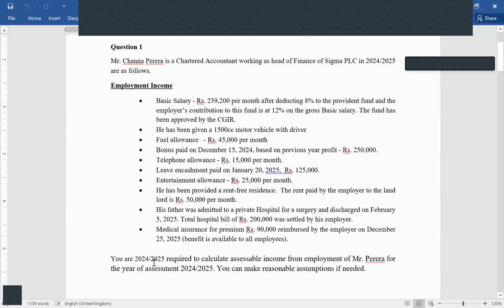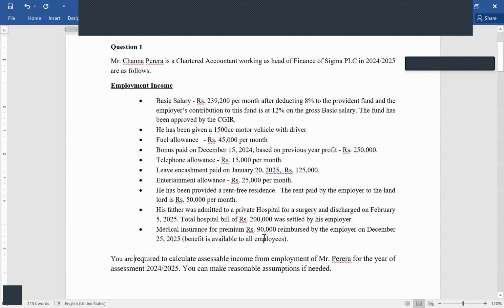It is given at the bottom of this question. The question should be changed a little: you are required to calculate accessible income from employment of Mr. Pereira for the year of assessment 24-25. You can make reasonable assumptions if needed.